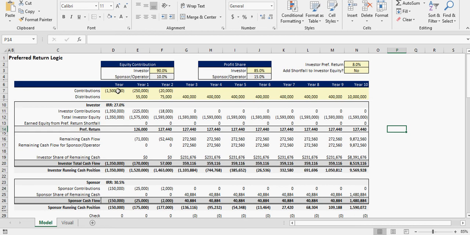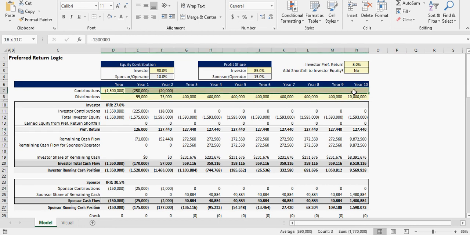And everything's dynamic, like you could change whatever the contributions and distributions are. I just made them as a hard input because this is more focused on how you're splitting cash, not how the business is operating. You could plug this into any model you have, and as long as you can get down to the contributions and distributions, and what amounts of the contributions were to the investor and sponsor, then all this flows nicely.